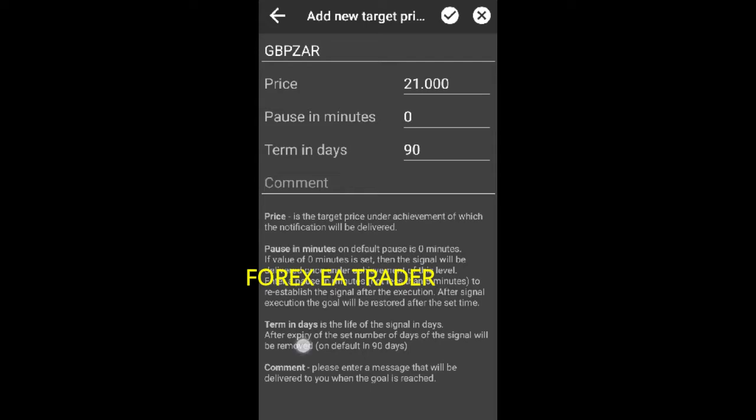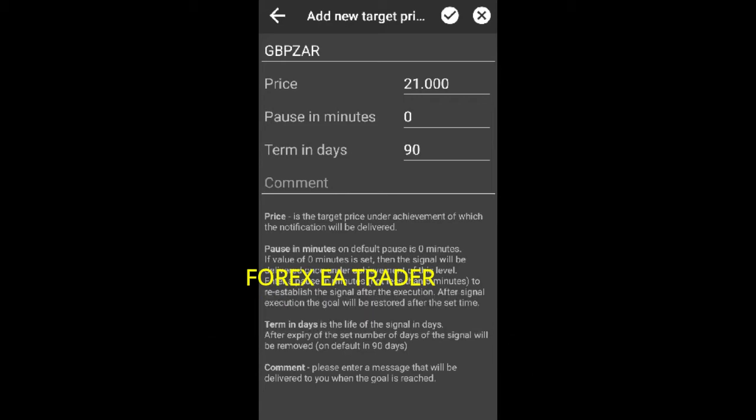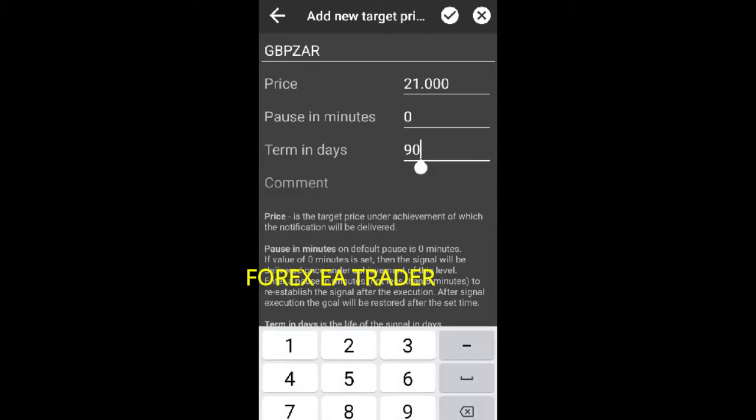The term in days is sometimes perhaps you were expecting the level to be reached today, and it doesn't happen, and you want this alert to expire after a few days. Let's say we were hoping it's going to go up, but then instead it goes down.